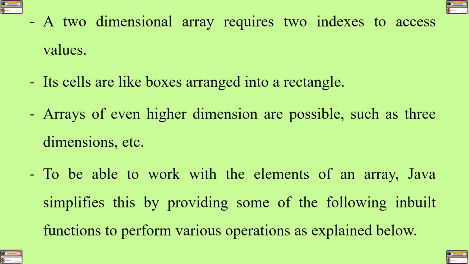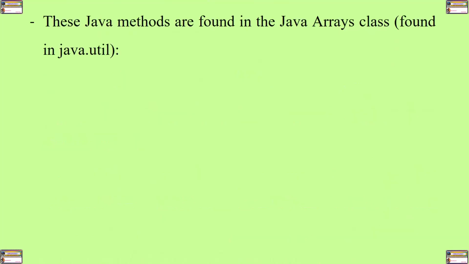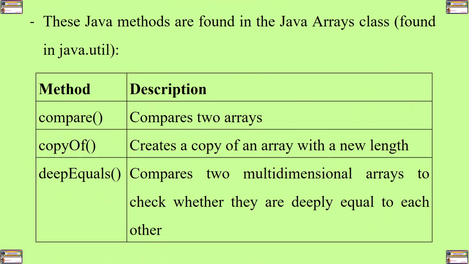To be able to work with the elements of an array, Java simplifies this by providing some of the following inbuilt functions to perform various operations as explained below. These Java methods are found in the Java Arrays class that you find from java.util. One of the methods is compare.